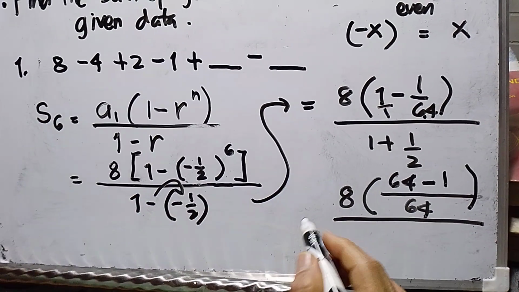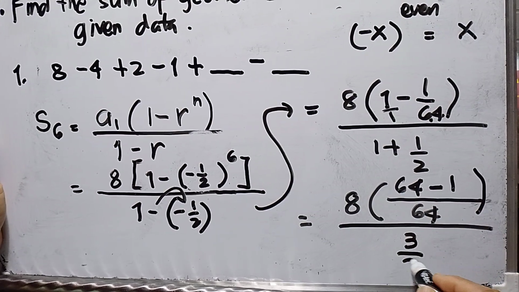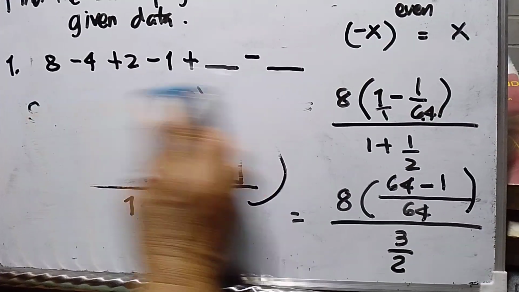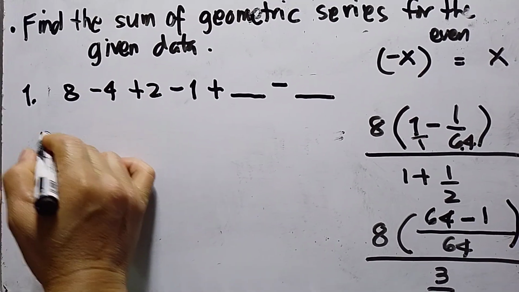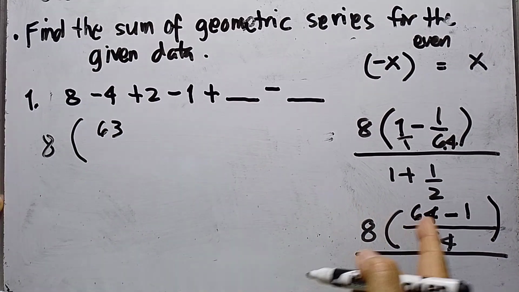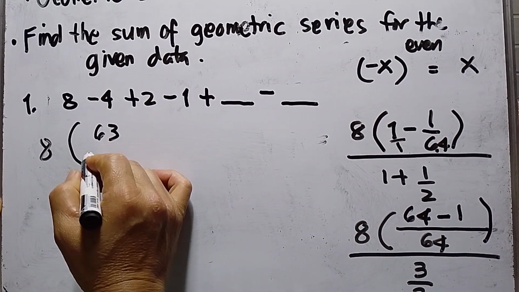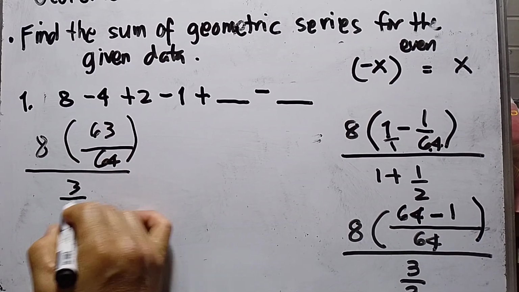What is 1 and 1 half? That will be 3 over 2. Okay, 3 over 2. So this will be 8, and this will be 63 because 64 minus 1 is 63 over 64. Then over 3 over 2.